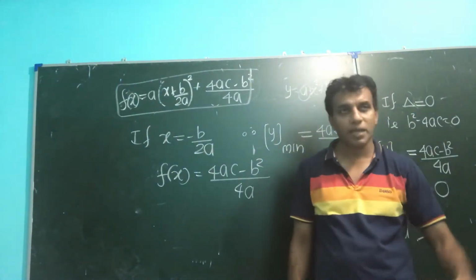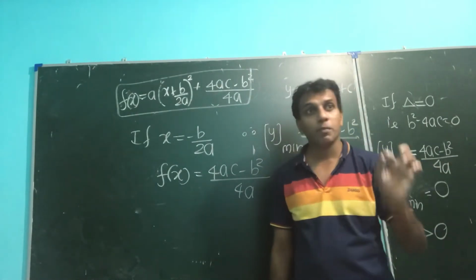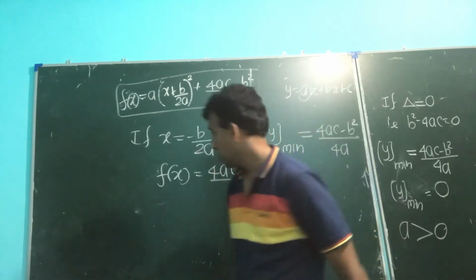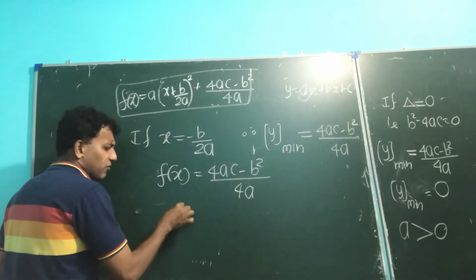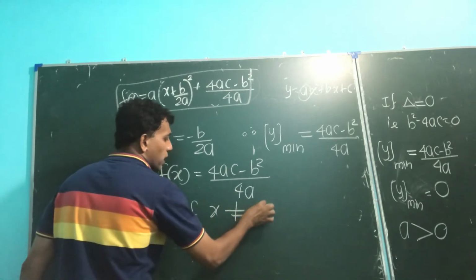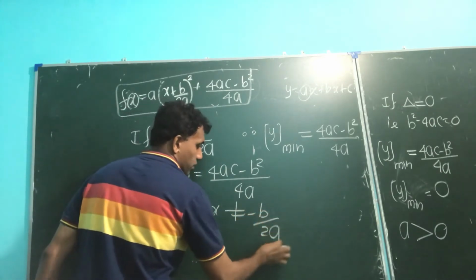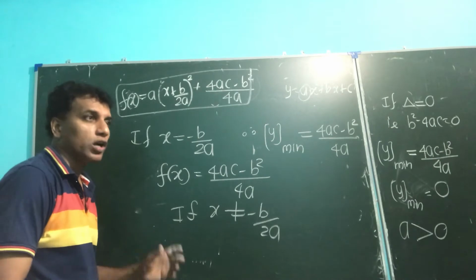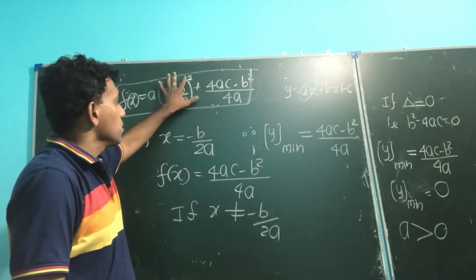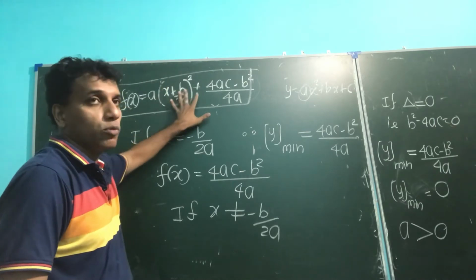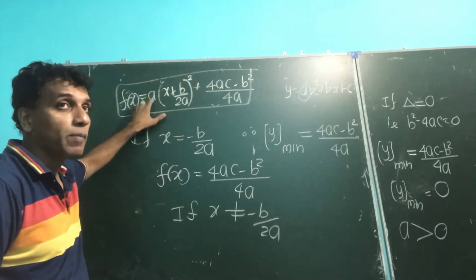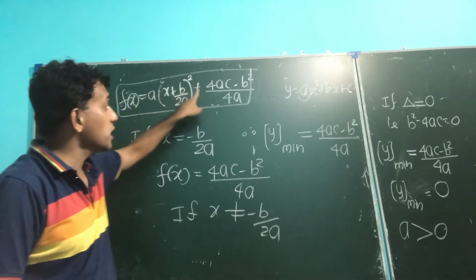Okay, as I mentioned in my example, remember here a is negative. Now write: if x is not equal to minus b over 2a, therefore this never comes 0. But there's a minus number in front of the bracket. This is positive.